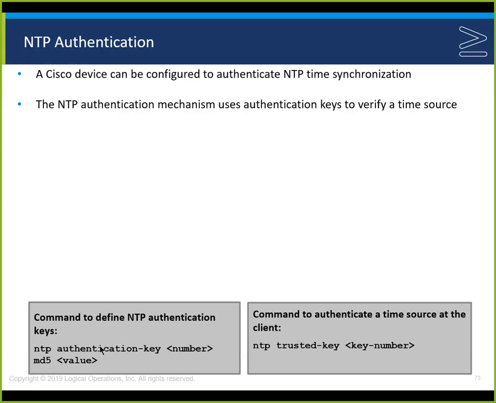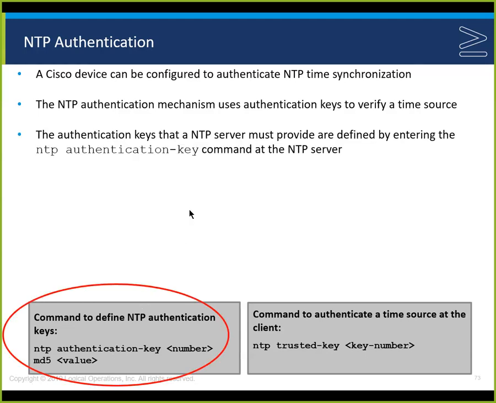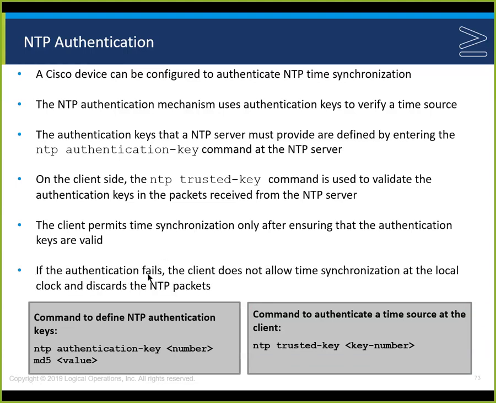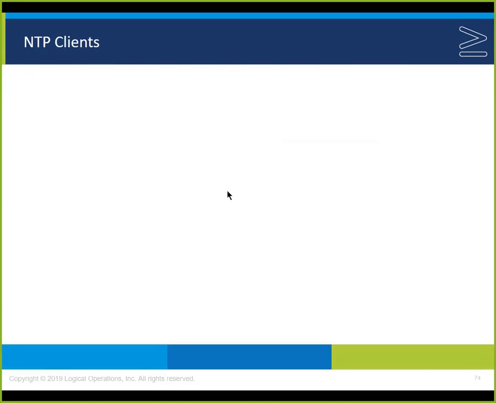To define the authentication keys, we define them on the server, and then we apply them at the client, the one that's going to be taking the information from one to the other. It permits the time synchronization only after ensuring that the authentication keys are valid. And if they're not valid, it's just simply not going to accept the time. It discards the NTP packets in that case.